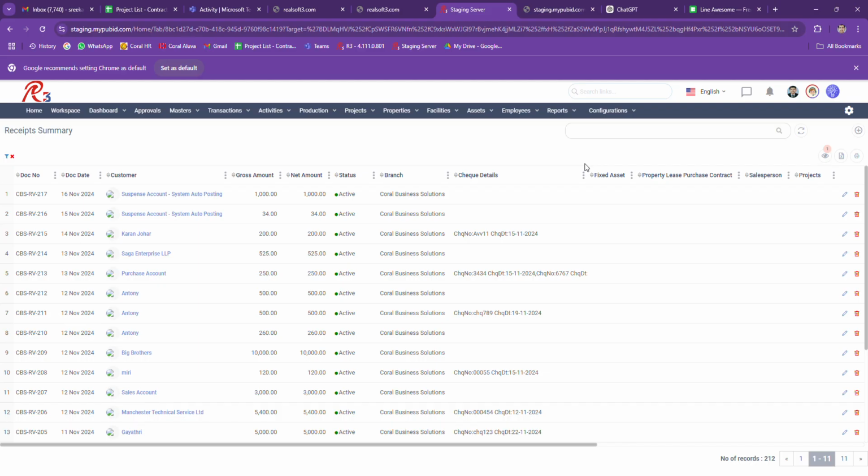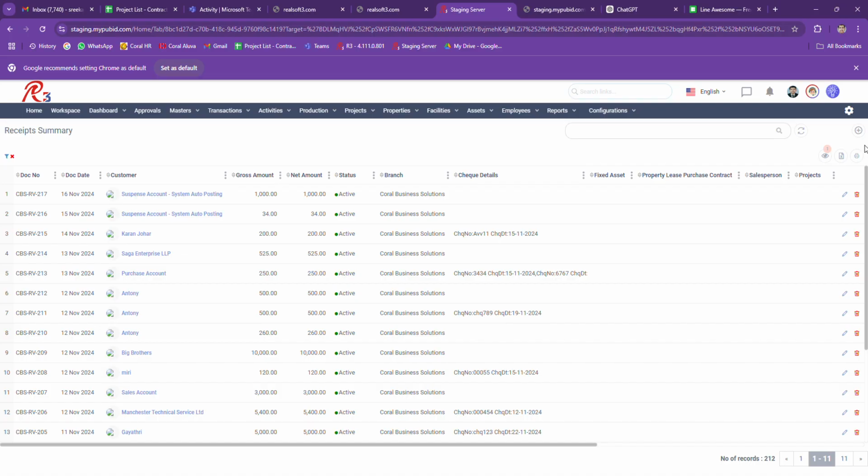Any kind of debtor can pay receipt voucher to us. So maybe if an employee is paying some money because he got some loan from the company and he wants to repay it, for that purpose also we have to come here as a receipt voucher. You understood, no?